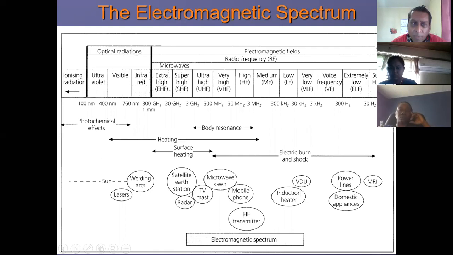And then where this arrow starts from here, this is the ionizing radiation. And these are, you know, the more harmful form of radiation. This is the alpha, beta, gamma, X-rays, neutron radiation, and that's on this slide too. So if I just leave it there, you'll be able to pick it up, right?